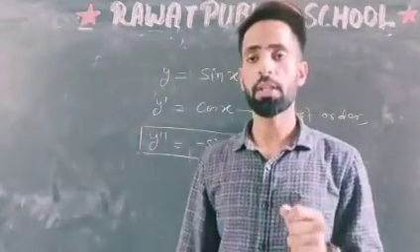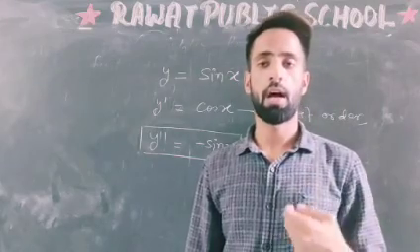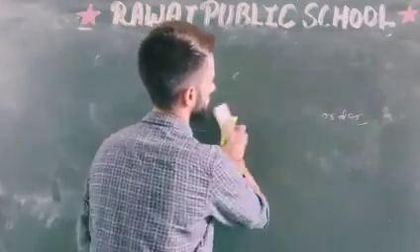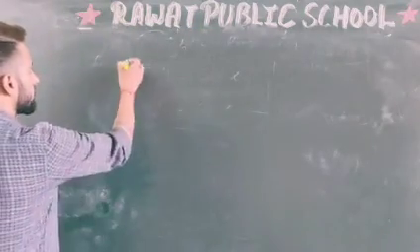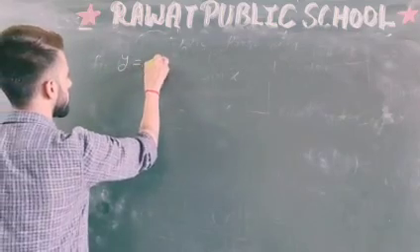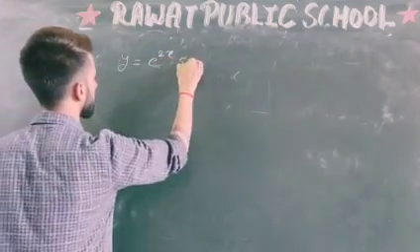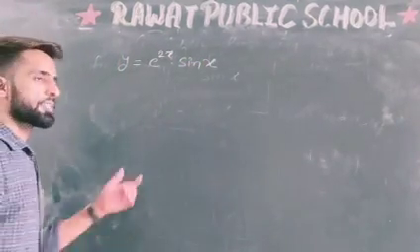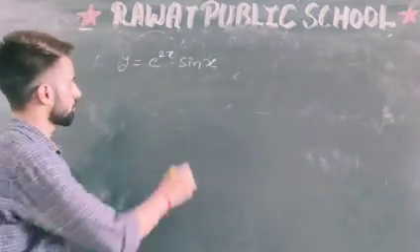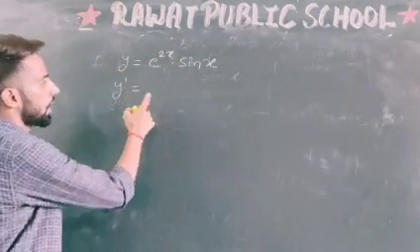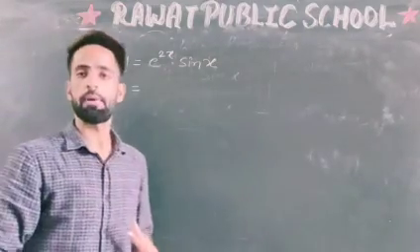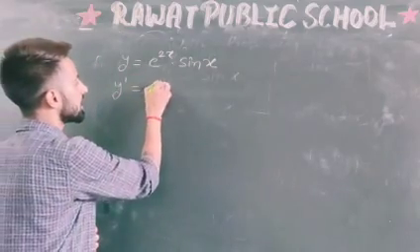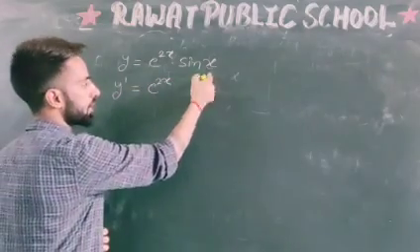Now if I take a question with the product of two functions, how will we find the second order derivative? Let's see. Say my y is e to the power 2x dot sin x. Let's differentiate it to find the first order derivative, y dash. Here two functions are in product, so we will be applying the product rule. The product rule says keep one, differentiate the second.